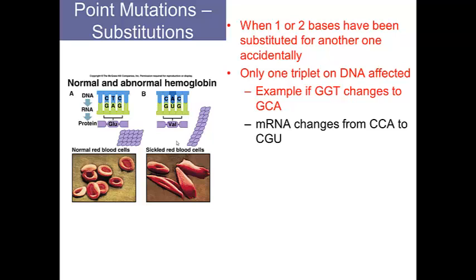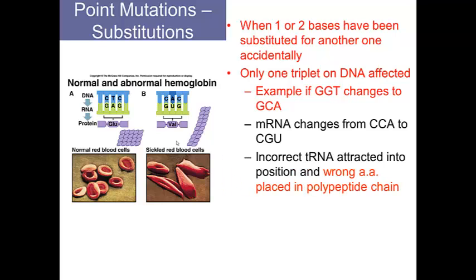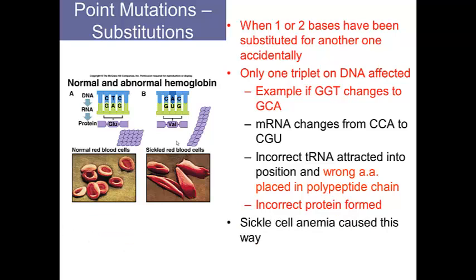The resultant mRNA, or the instructions that make proteins, changes from CCA to CGU. Then the incorrect tRNA, or the part that attaches the amino acid to the protein, is attracted, and the wrong amino acid is placed in the polypeptide chain, resulting in an incorrect protein being formed. Sickle cell anemia was caused this way.